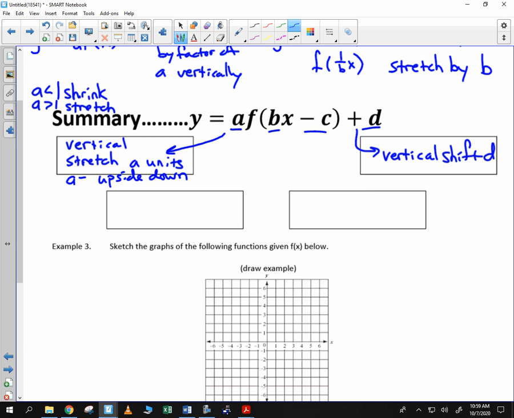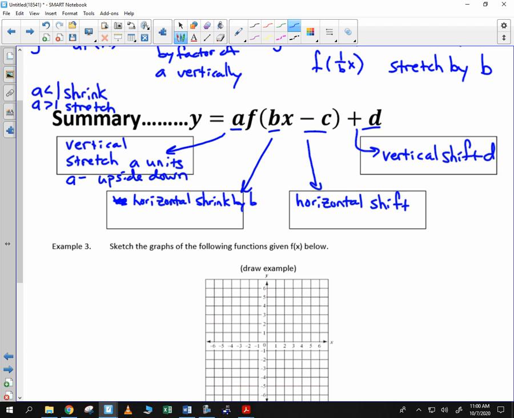Consider the inside. We talked about this b piece. That makes a horizontal, excuse me, shrink by a factor of b. And then that's a horizontal shift.